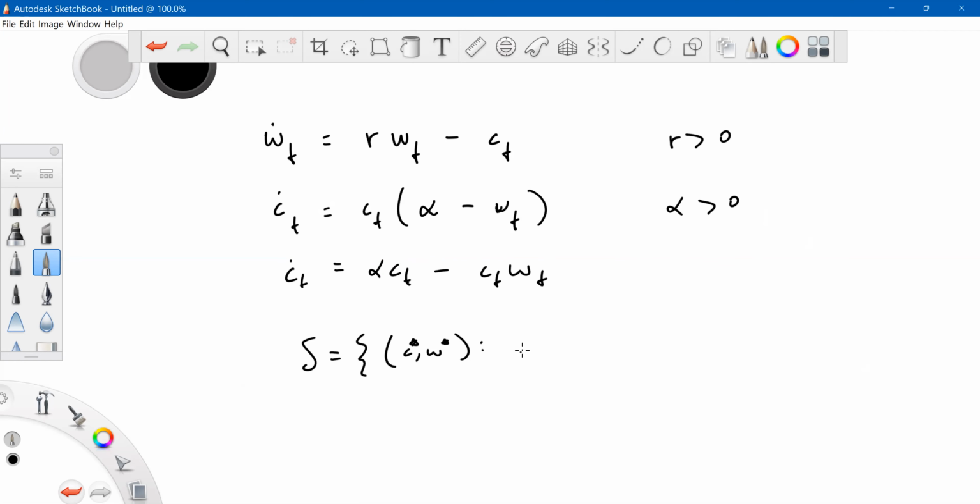So I need R W star equals C star, and C star times alpha minus W star equals 0.